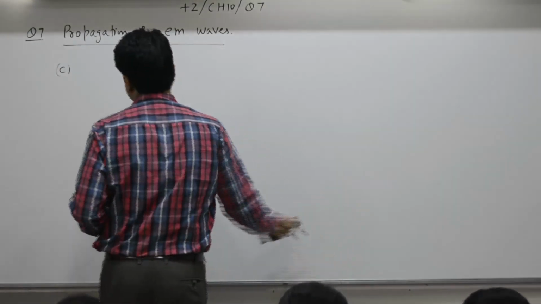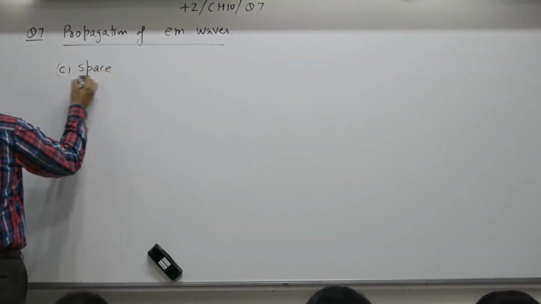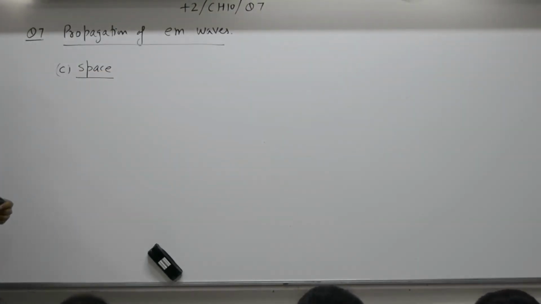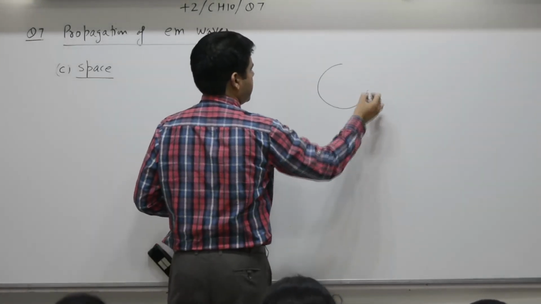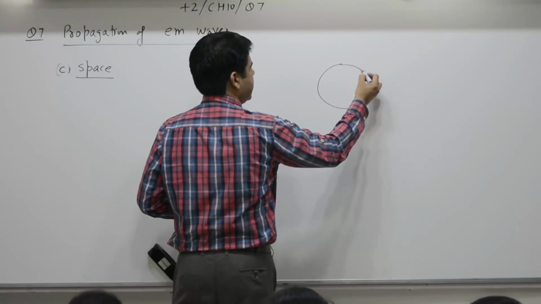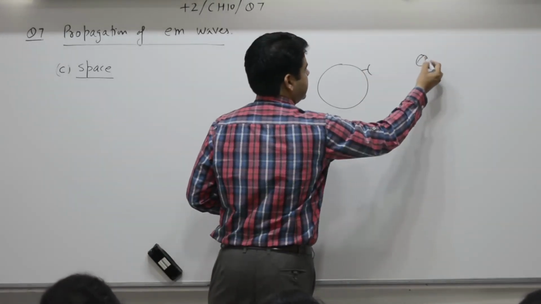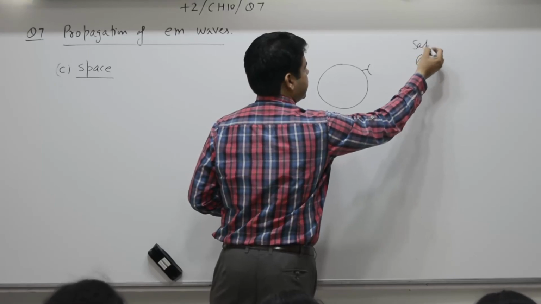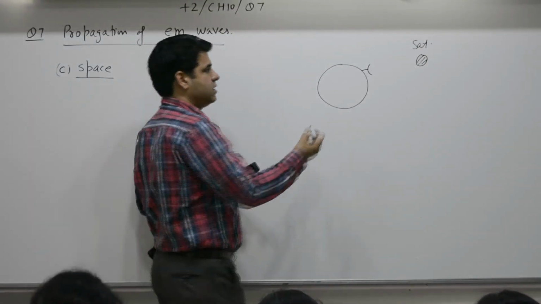Third type is what? Space communication. There are a number of examples. Example number 1, your dish antenna is in this position and you are getting the signal from a geostationary satellite, 36,000 kilometers above the surface of earth.